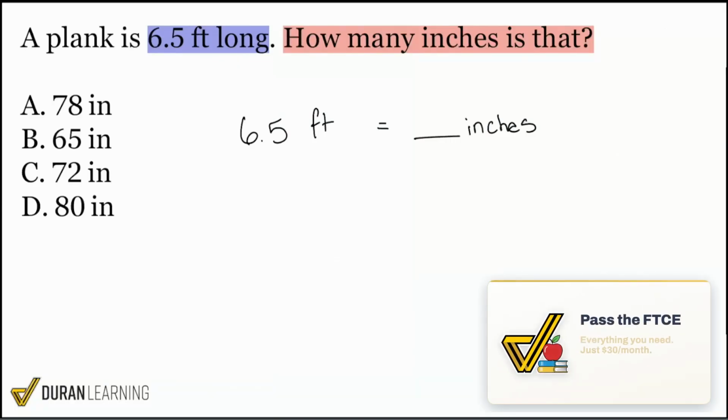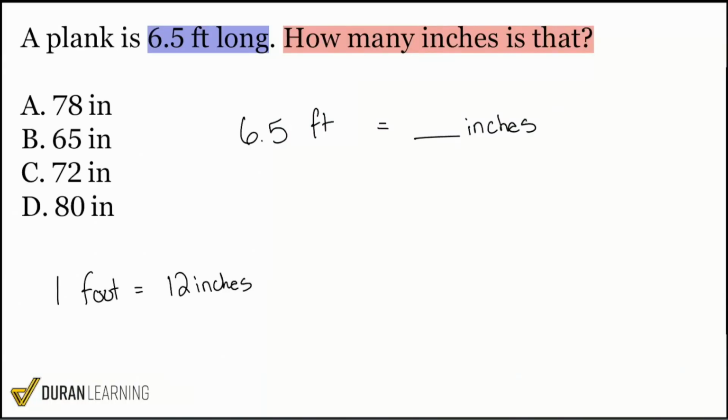What is that going to be? Write that out in the chat box. Say it out loud in your head. Yeah, 1 foot is 12 inches. That's right. We're going to write that down over here. 1 foot equals 12 inches.